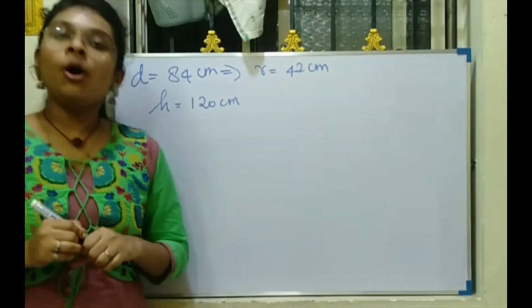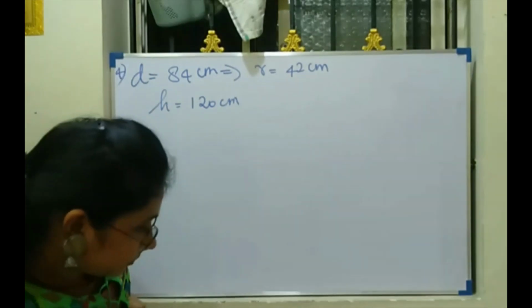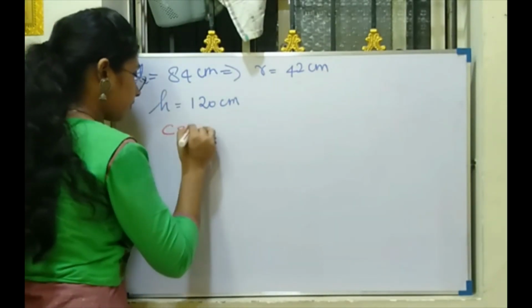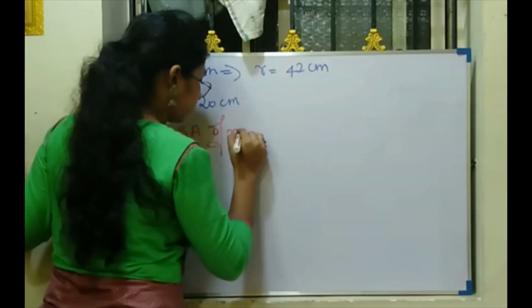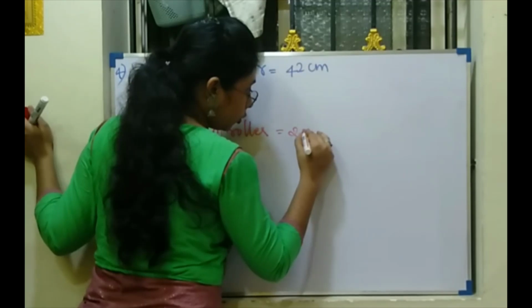Now, what is the formula for the curved surface area of a cylinder? CSA of roller is equal to 2 pi RH.